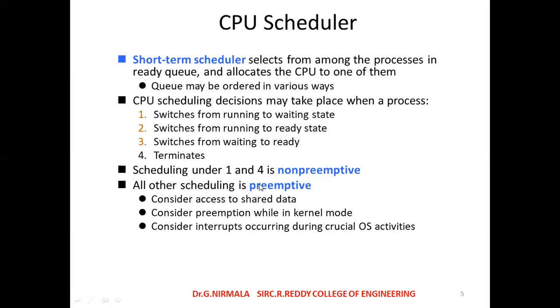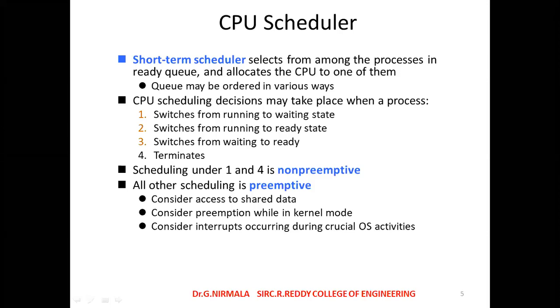That is called preemption. Means immediately, without the currently running process being left, switching to the next process is called preemptive scheduling. Normally you have two types of scheduling: one is non-preemptive, second one is preemptive.